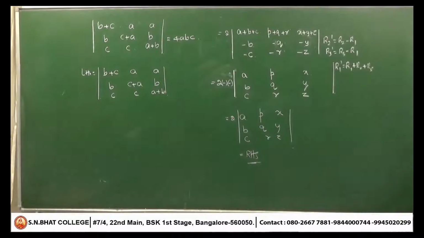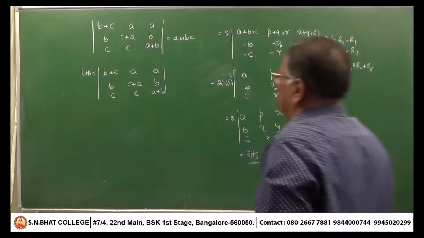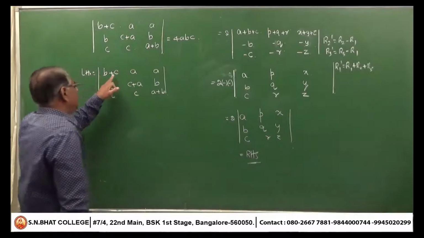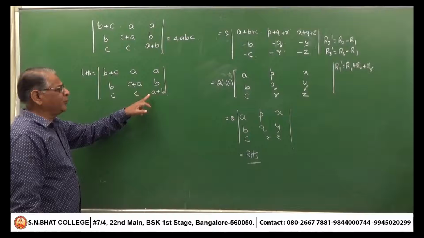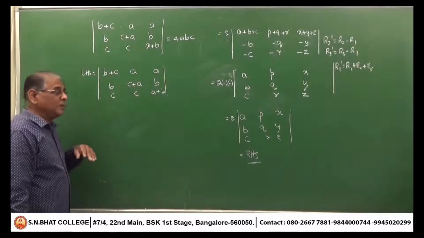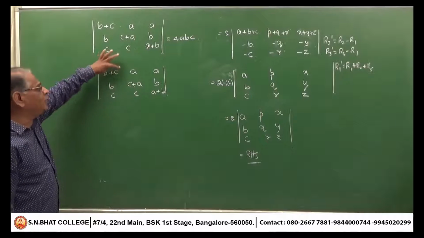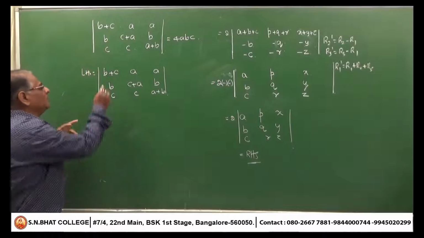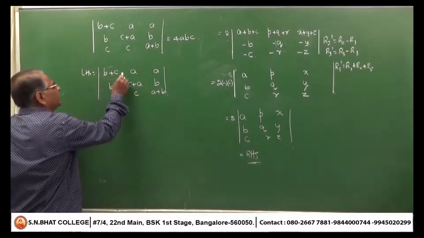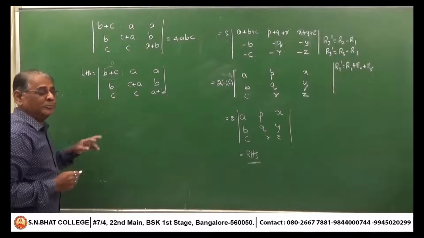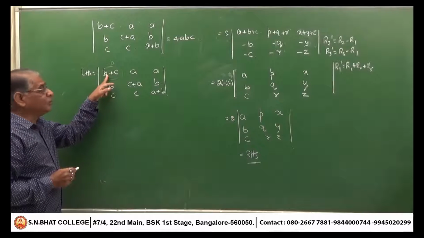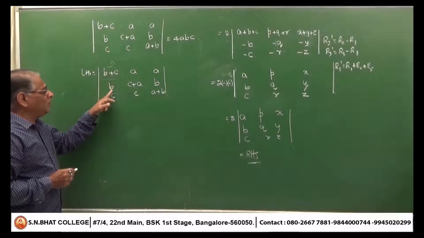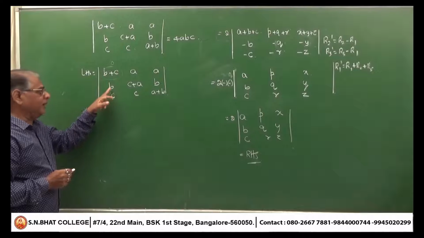See here, out of 9 elements, there are 3 elements which is the sum of 2 terms. This is sum of 2 terms, this is sum of 2 terms, this is sum of 2 terms. Where there is sum of 2 terms, you have to make that element to be 0. When this becomes 0, R1 dash is equal to R1 minus of R2 plus R3.